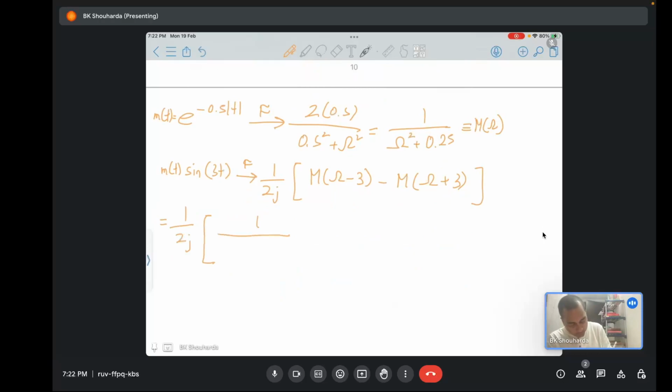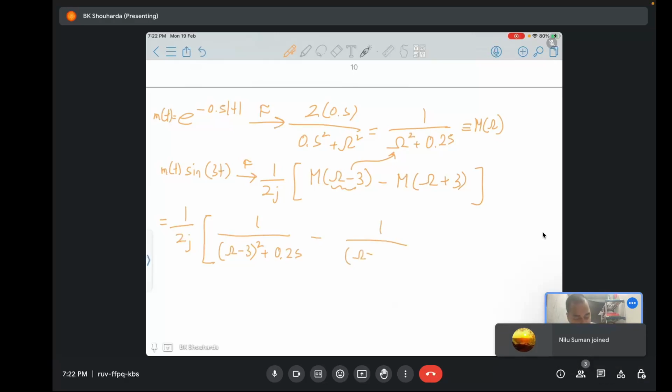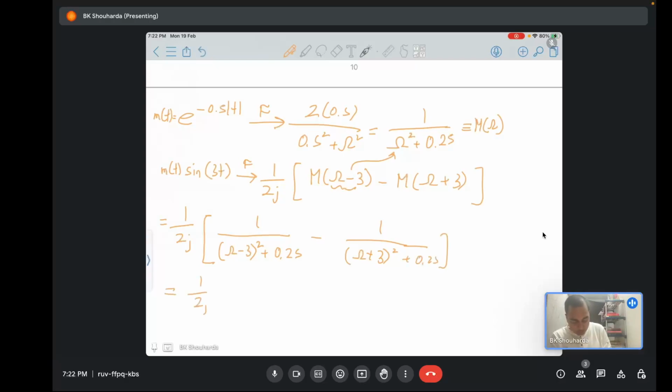Whenever you have such a term M of omega minus 3, substitute omega by omega minus 3 into this: 1 upon (omega minus 3) whole square plus 0.25 minus 1 upon (omega plus 3) whole square plus 0.25, times 1 upon 2j.